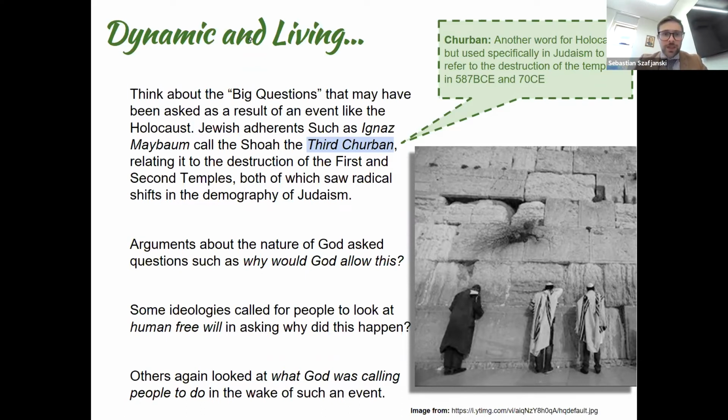Now, the Holocaust has been described, as we see here, by some people as that third moment where Judaism demographically changed, had a complete shift. In 587, they split. There were two basically strands of Judaism going based on their teachings, based on the Talmuds that were written because of the exile that happened in Israel.